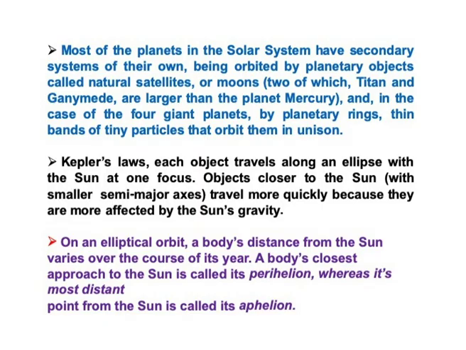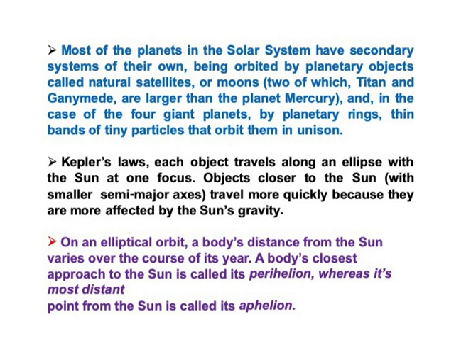The four giant planets also have planetary rings, thin bands of tiny particles that orbit in unison.